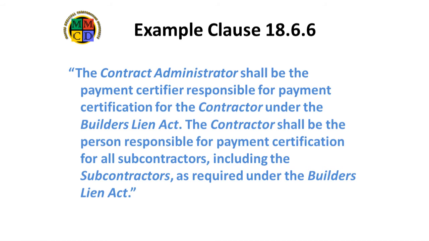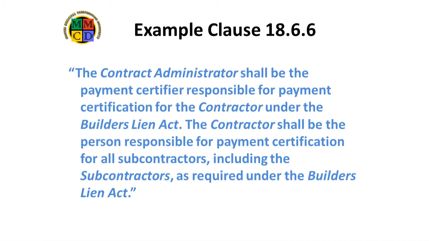What happens then is that the GC clause 18.6.6 specifies that the contractor is the payment certifier for subcontractors. Since the GCs override the instructions to tenderers, the owner's intentions are foiled.